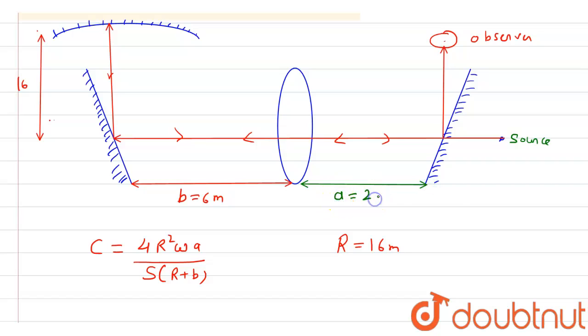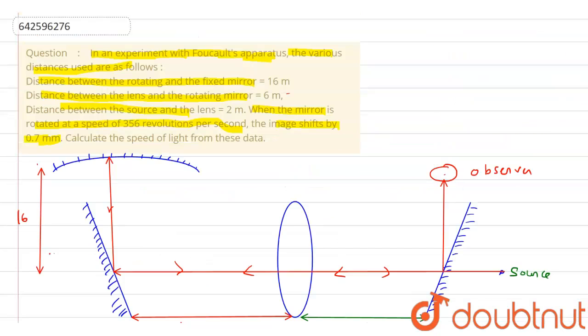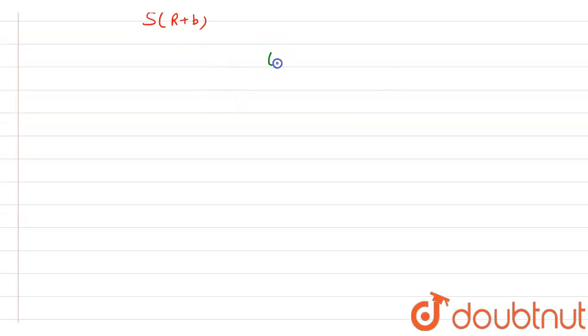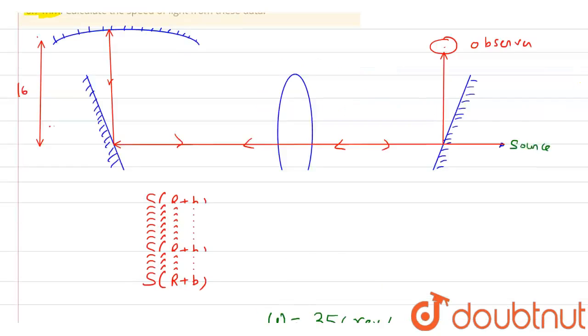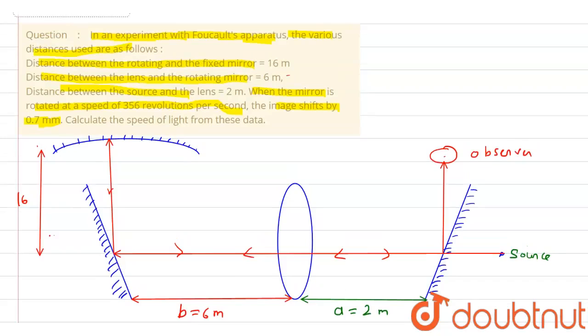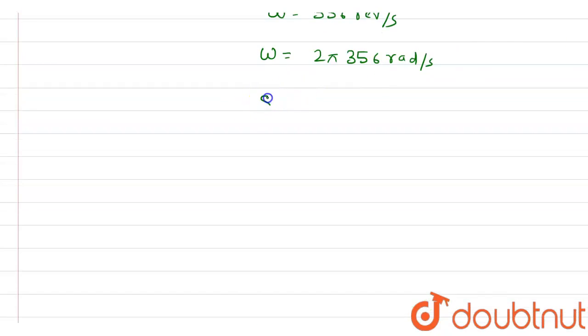So this is represented by A, which is equal to 2 meter. Now a few more things are given: the mirror is rotating with a speed of 356 revolutions per second. So omega is 356 revolutions per second, and if you convert this into radians, it will be 2 pi into 356 radian per second. This is the value of omega, and finally the shift S is 0.7 mm, which is equal to 7 into 10 raised to the power minus 4 meter.